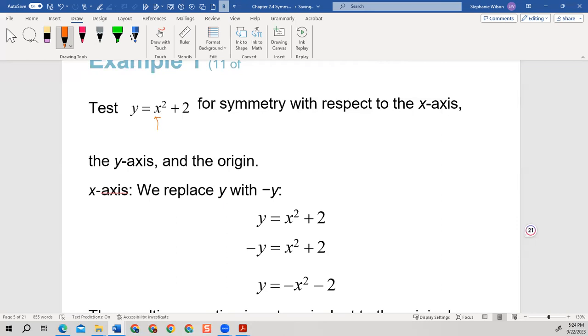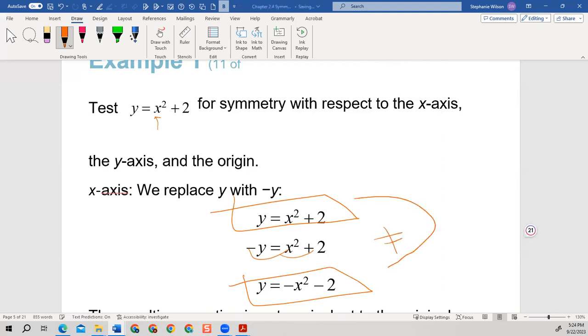That's what they did here. We distribute that negative sign, and that's where we get this one. So we got our original, and then we applied the negative to it. The resulting equation is not equivalent to the original. Would you agree that this here is not equal to this other one?